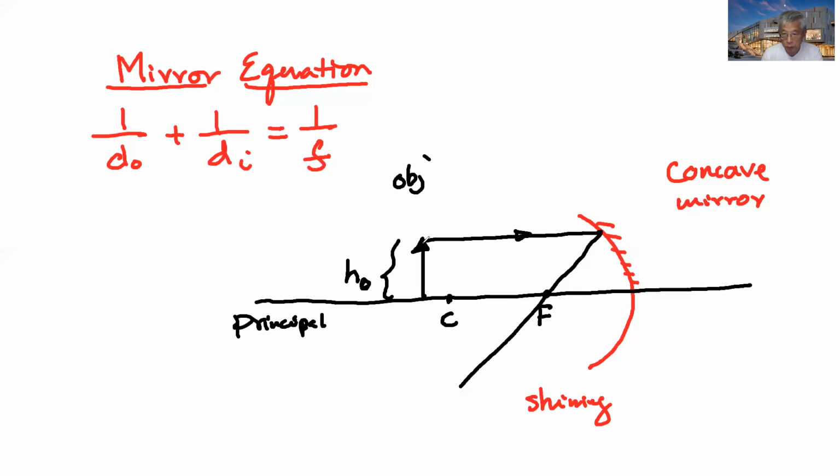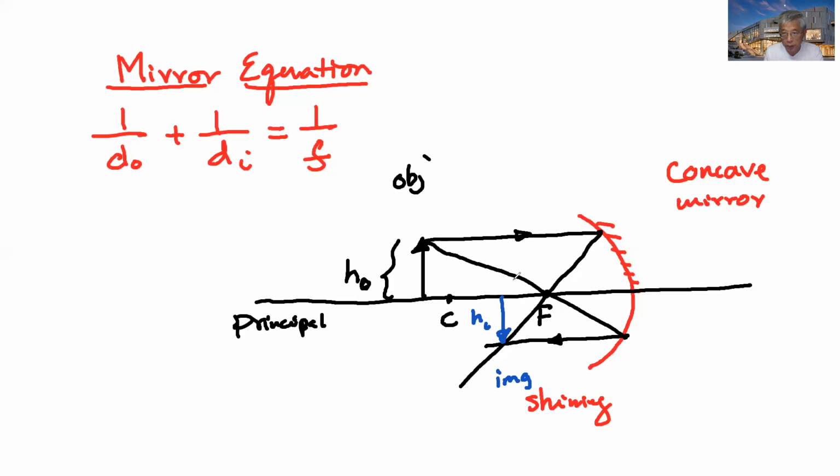This one goes through the focus first, and then it's going to come out parallel to the principal axis. So you can see your image is going to be right here. That's your image, and this is your HI.